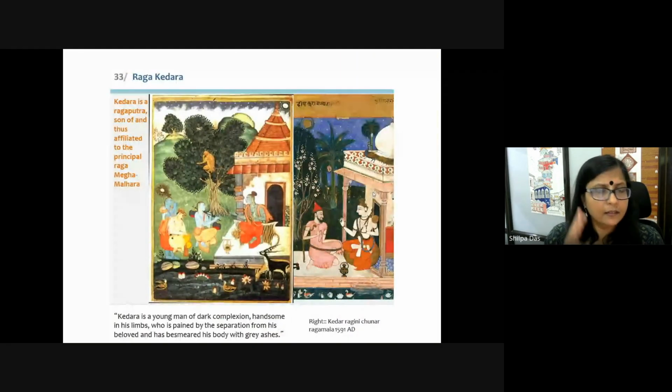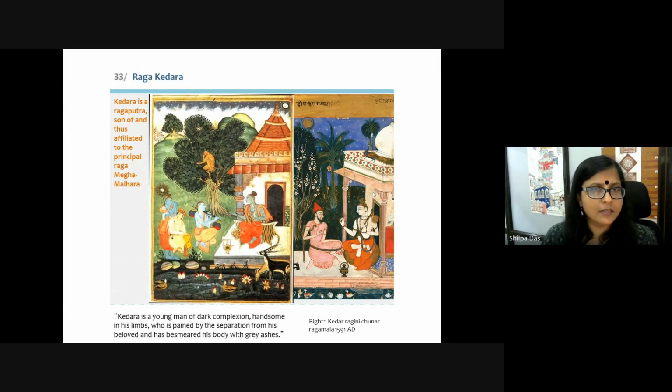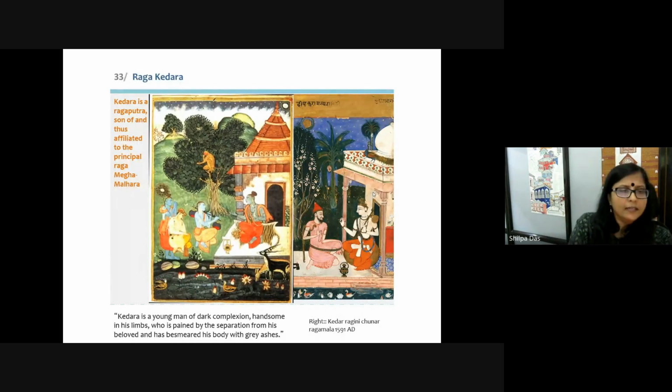And then the final three Raga Raginis that I'll show you. This is Rag Kedar. Again, just as Bhairavi was very austere as a woman, you have Kedar, a young man who is shown to be very austere. He's sitting outside this shrine.